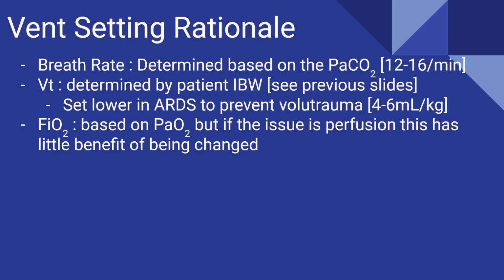As far as a breath rate goes, we're changing that based on what the PaCO2 is from our blood gas. If our PaCO2 is a lot higher, then that means we're acidotic and we need to increase the rate. We need to blow some of that CO2 off potentially. If we're looking to change the tidal volume, we have to remember that it's based on the ideal body weight.